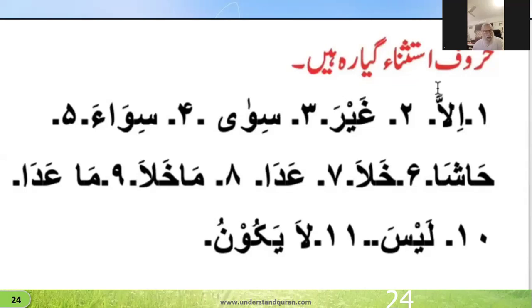When we apply them, I will not be explaining these definitions and examples. I will just refer: okay, it is tawabe, it is mustasna, it is atf. If you are not clear on that, you will be in trouble. But if you make notes of these important grammatical lessons, then the moment I say it's istisna, open your page of istisna, these are the 11 words, and this one is coming.